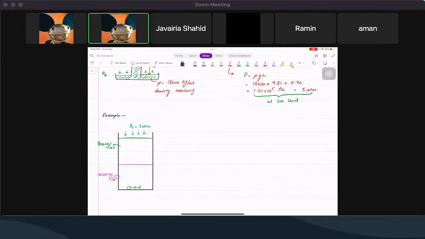So they say, okay, this height is 5 centimeter, and this height is 7 centimeter, and the question is: find the pressure acting on the person at the bottom, right?